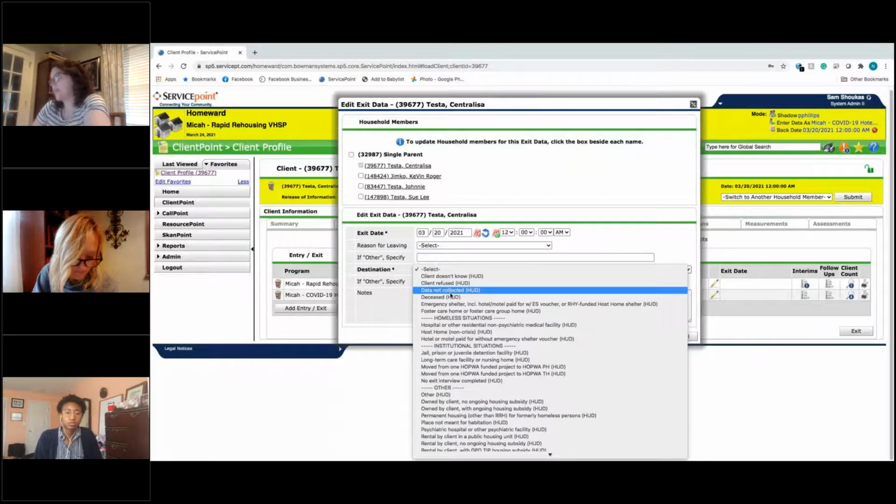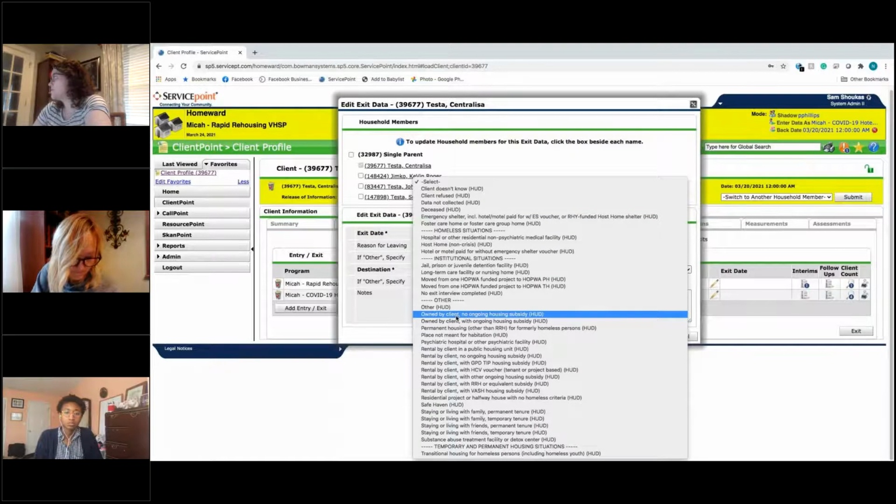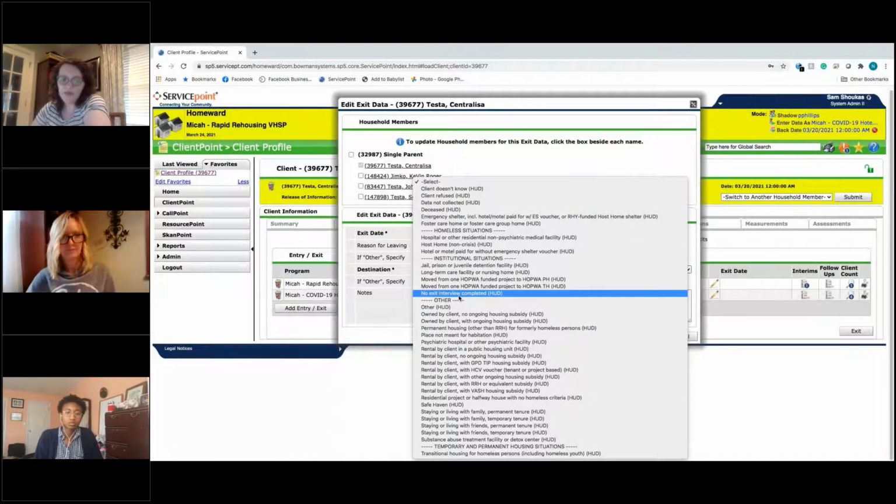Data not collected means that you chose not to ask the question even though you had the opportunity to ask it, which is different from no exit interview completed. No exit interview completed means I never even got the option to talk to them or to complete an interview. They disappeared.